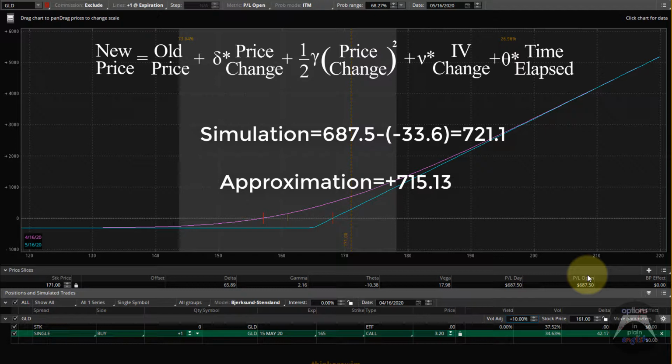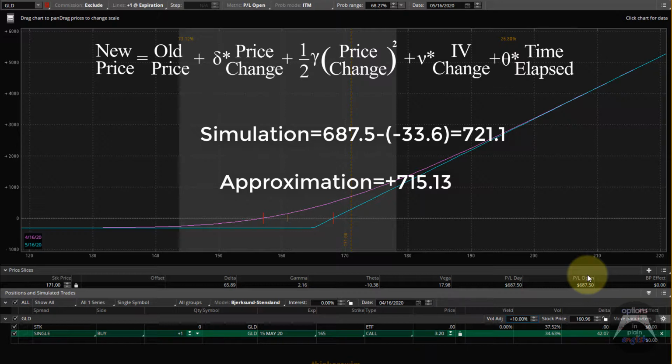So the change itself is 687.5 minus a negative amount, so basically plus 33.60. The actual simulation is giving me $721.10. So with our approximation, we have a profit that should be $715, and the actual simulation gave us $721.